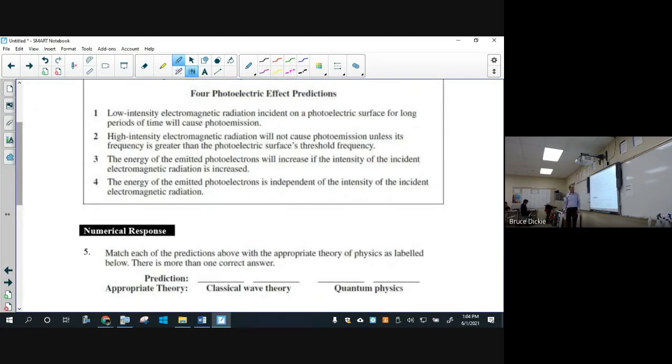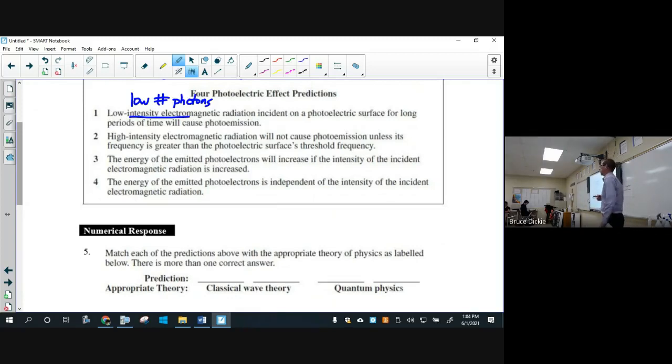Number 1, low intensity. What does that mean, low intensity? If I have low intensity versus high intensity, it means I have less photons. A low number of photons here. Oh, but we got a low number of photons for a long period of time.